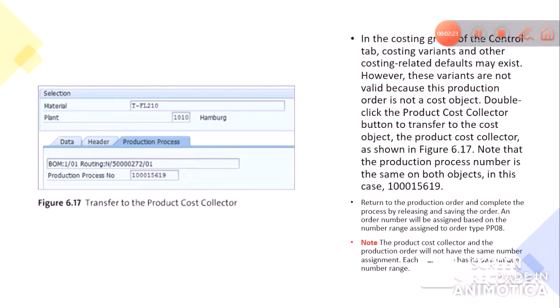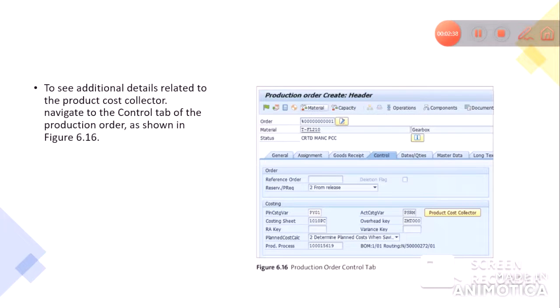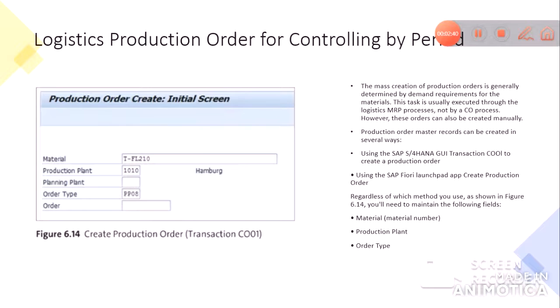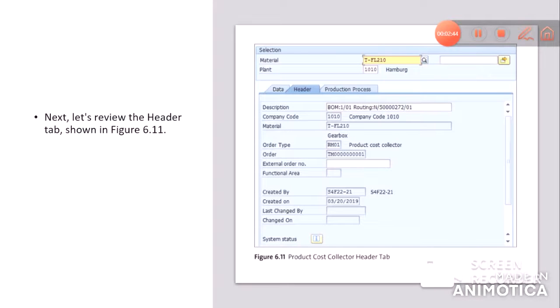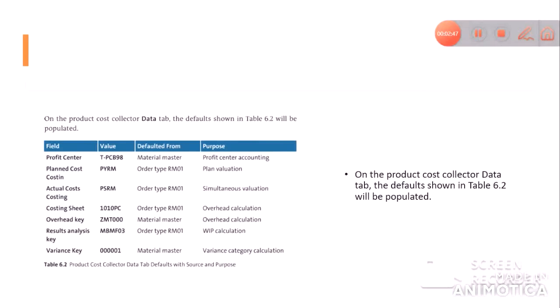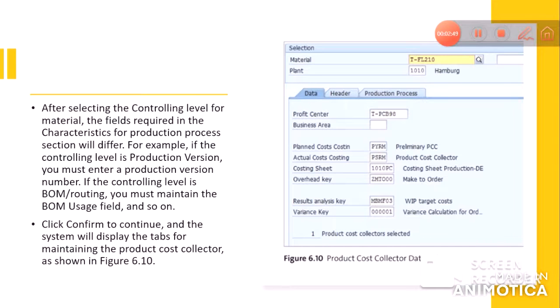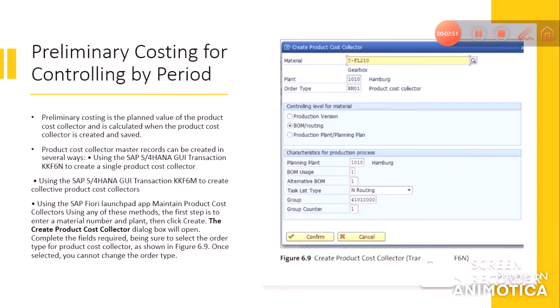Each order type has its own unique number range. This is the product cost collector.